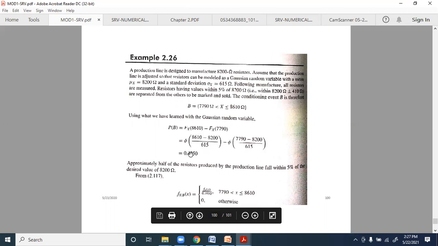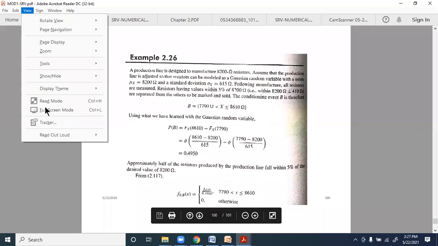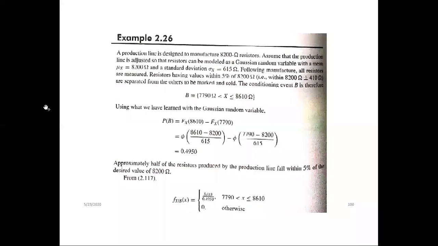So having found the value of P(B) over here, we need to go for finding the PDF for the conditioned random variable.